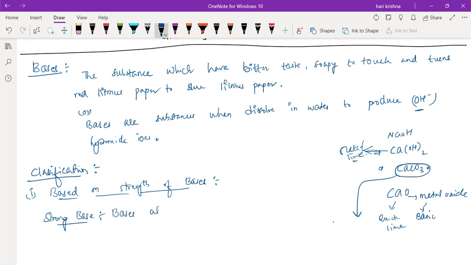So bases which ionize. What is the meaning of ionization? Removing one electron from the last shell? No. Ionize means breaking.